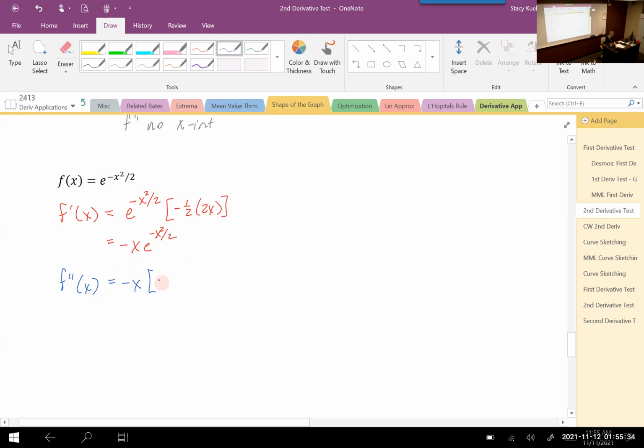We already found that the derivative of that is the first derivative, negative x e to the negative x squared over 2. So it's the first times the derivative of the second, plus the derivative of the first, negative 1, times the second, e to the negative x squared over 2.